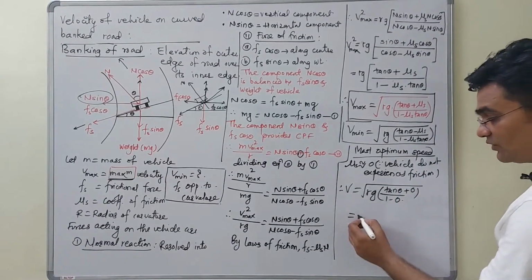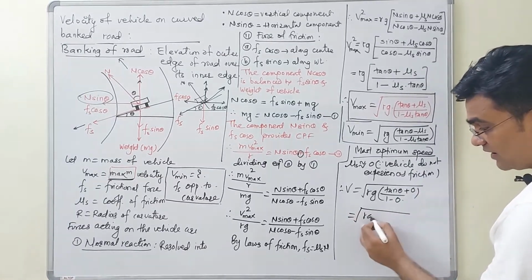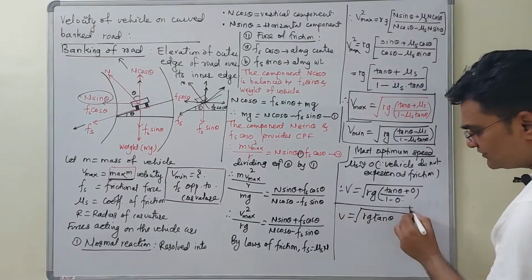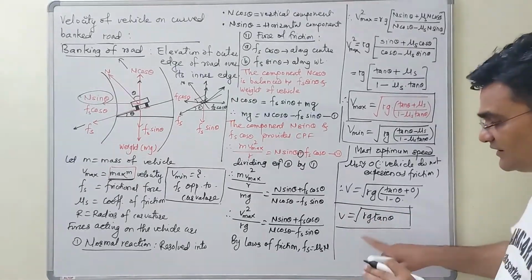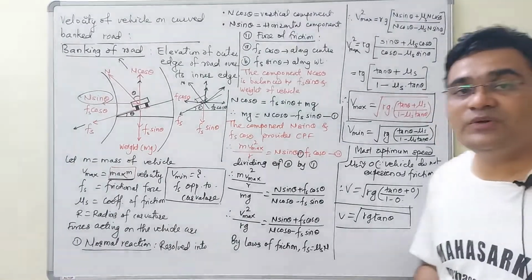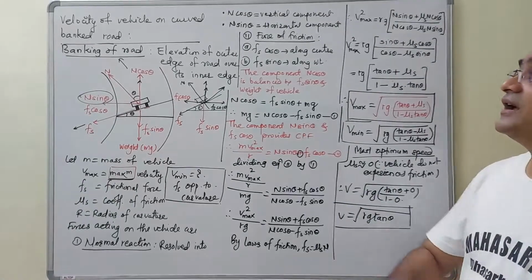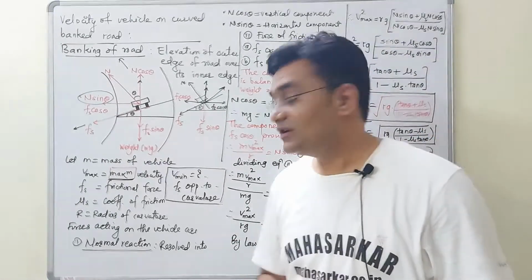So finally what we get is root of Rg tan theta. This will be the safest speed. If you travel with this speed only, you will cover that circular track without any problem, without any issues.